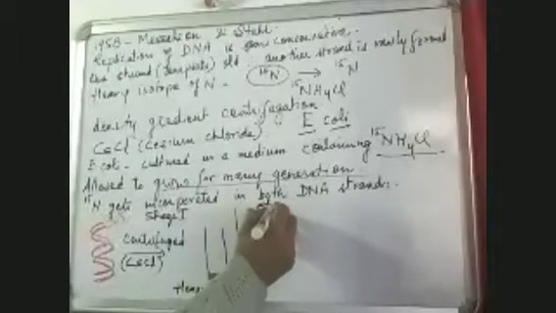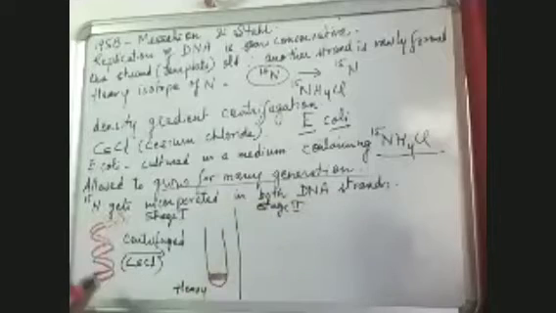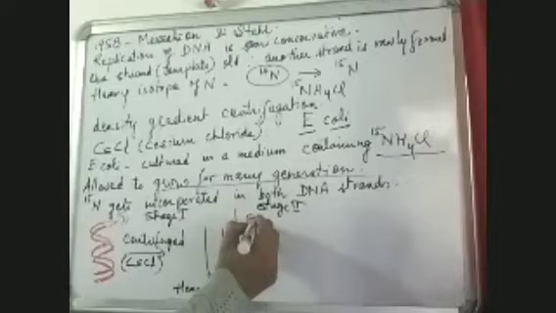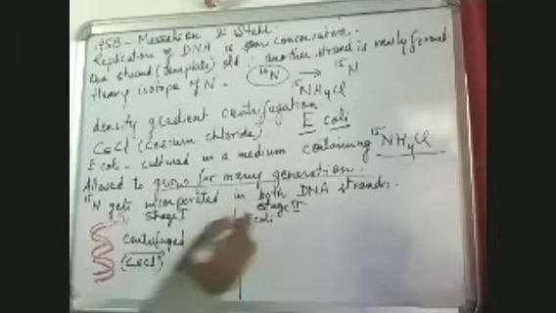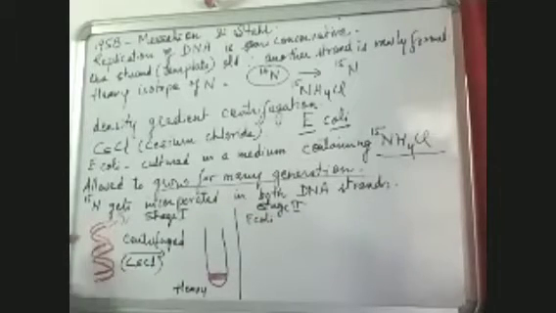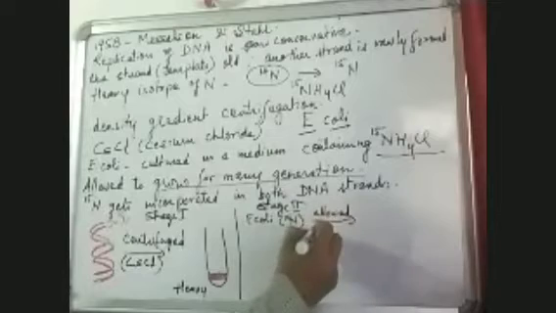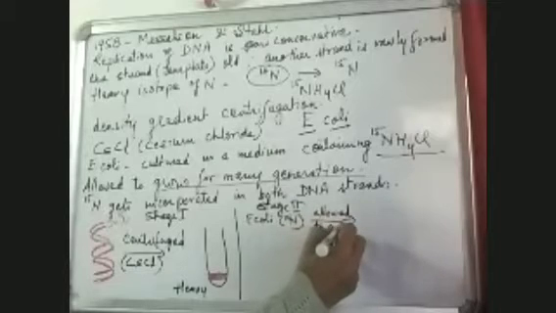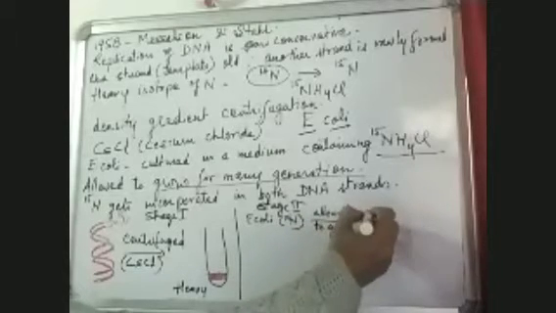Now in stage 2, what was done? These E. coli, which have both the strands with N15, were allowed to grow in normal nitrogen isotope.